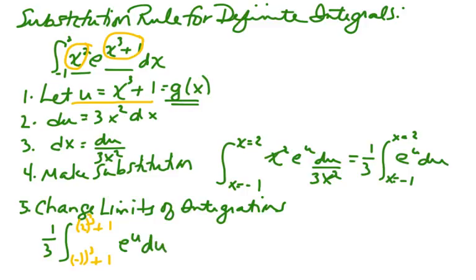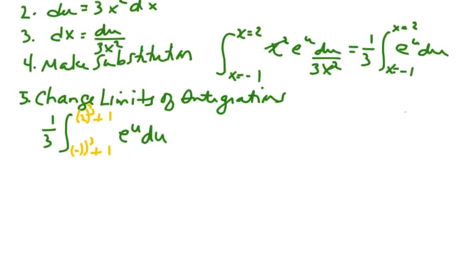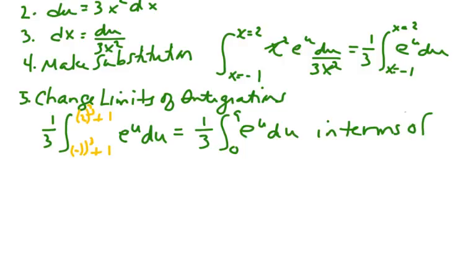So now we have a consistent set of variables. So now you can go about taking the antiderivative. But before I do that, I'm going to simplify those limits just so that I clean it up a bit. So the lower limit becomes 0, and the upper limit, let's see, 2 cubed plus 1 is 9. Everything is in terms of u, which is one approach.